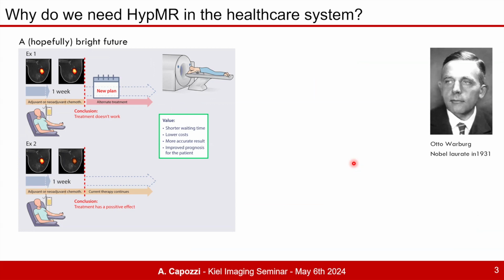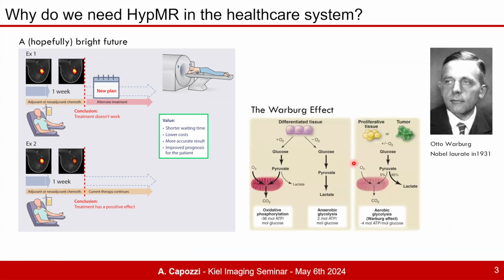We can go back to the past, and Otto Warburg, Nobel laureate in 1931, discovered a very interesting effect about cancer cells. So cancer cells behave a little different from healthy cells. Although there is oxygen present, they produce energy by aerobic glycolysis instead of oxidative phosphorylation.